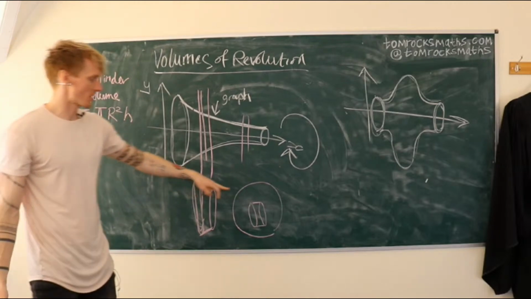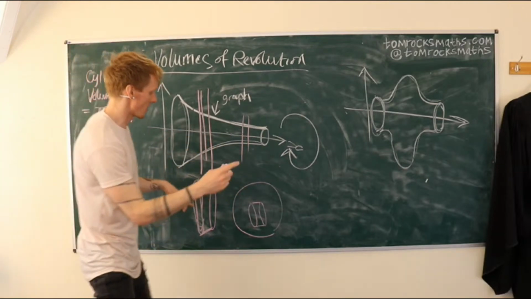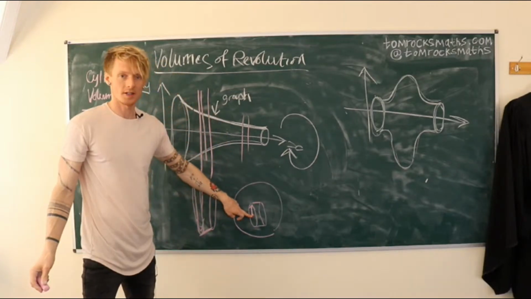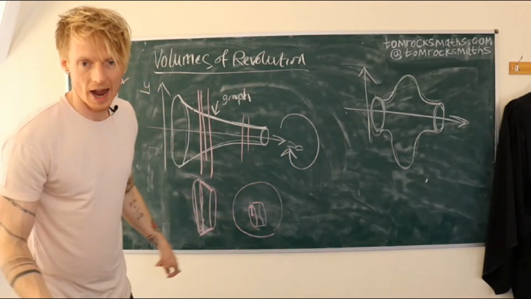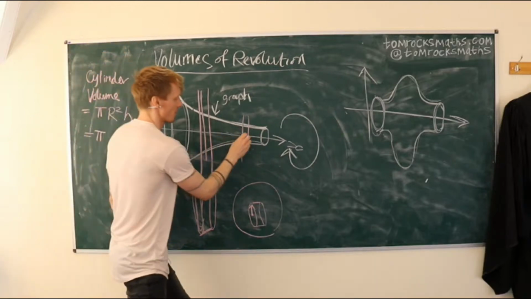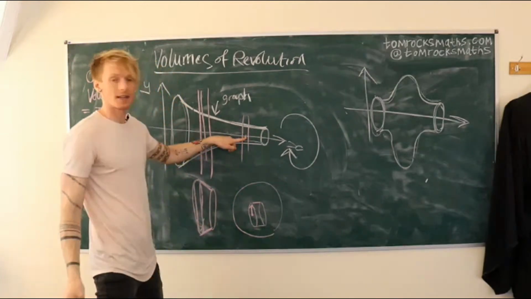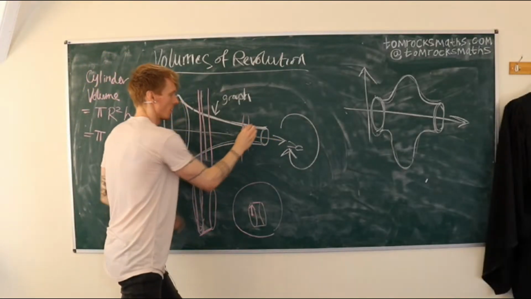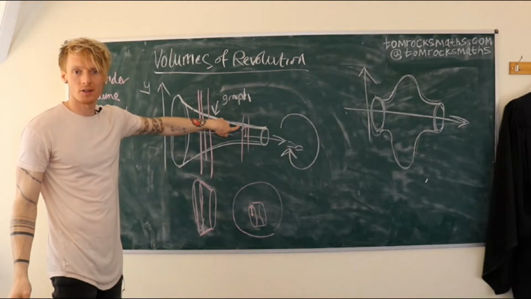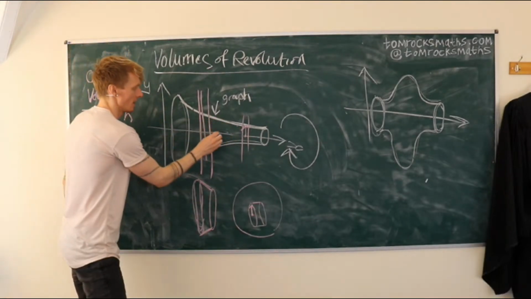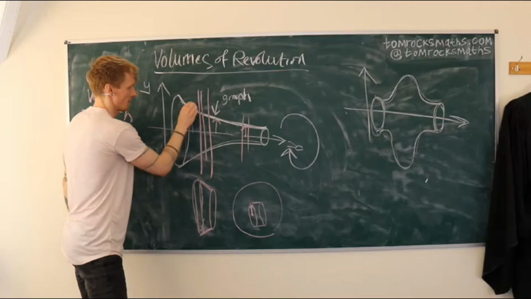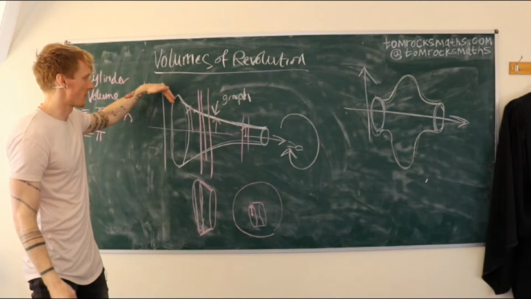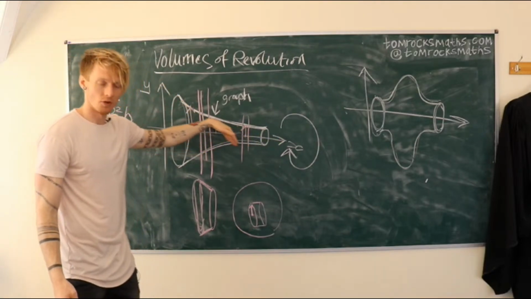Now the radius squared: the radius is the distance on our cylinder. Looking at my graph, my radius is the distance from the x-axis, which is in the center of my shape, to the edge of my graph. And it'll be here and up here. So the radius is changing. This is why this is not a cylinder, because my radius changes as I move along the shape.